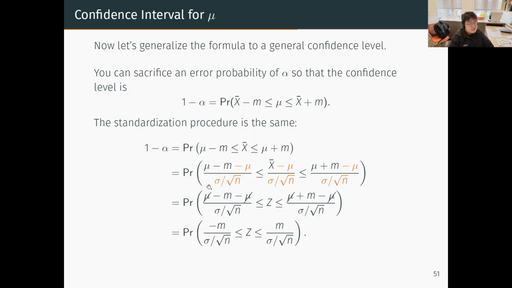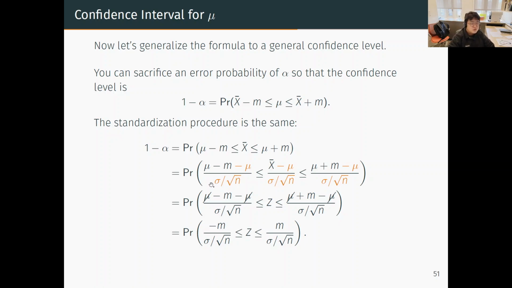By the way, the canceling out of mu is important because remember, we are estimating mu. Mu is the parameter of our interest. We would like to estimate the true mean, which is mu. But if mu is not canceled out, then your margin of error must contain mu again, which is a little bit weird because we are estimating mu itself, but it has to contain mu again.